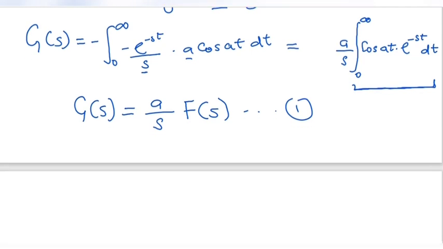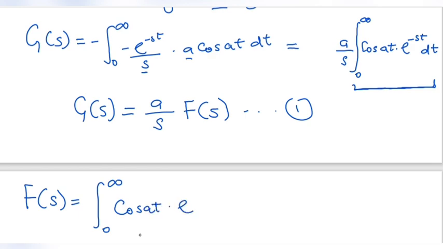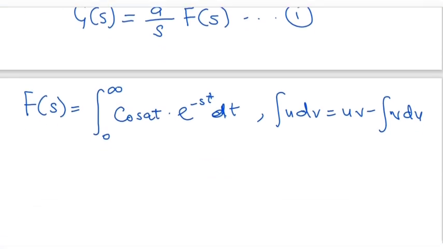Then let's solve for F of s, which is the integral from 0 to infinity of cos at e to the negative st dt. And here again we apply the rule of integration by parts, and here let our u be cos at and let dv be e to the negative st dt.